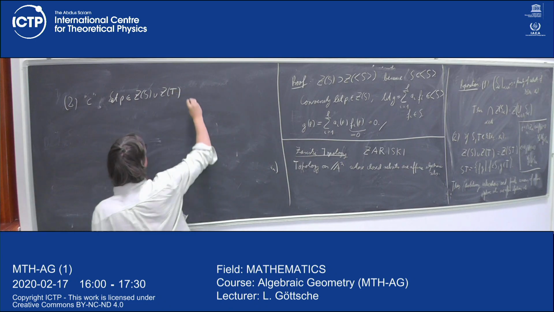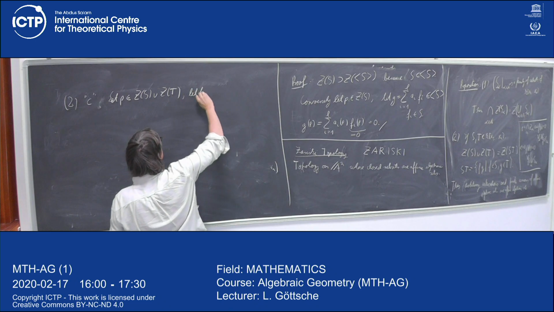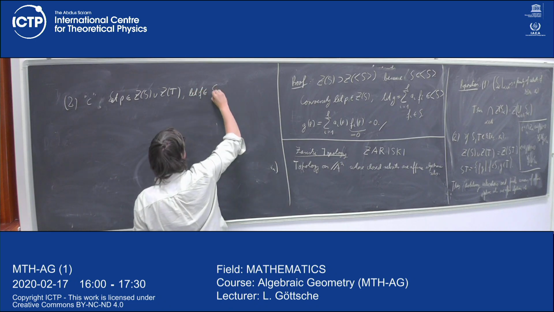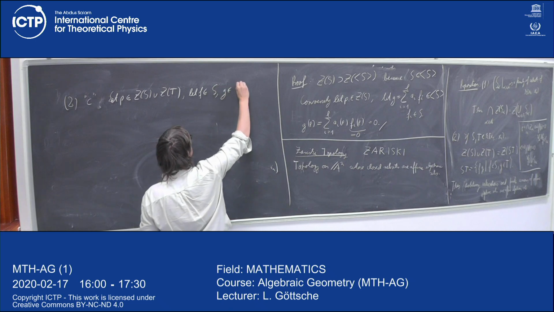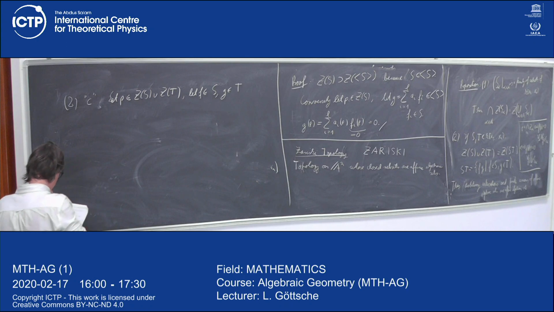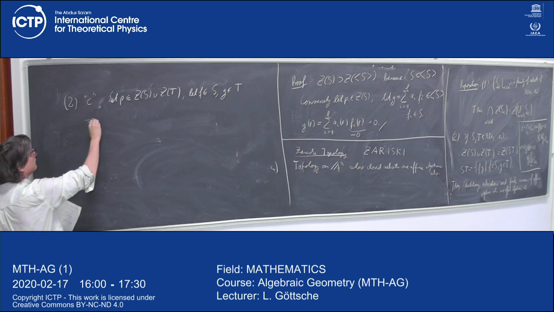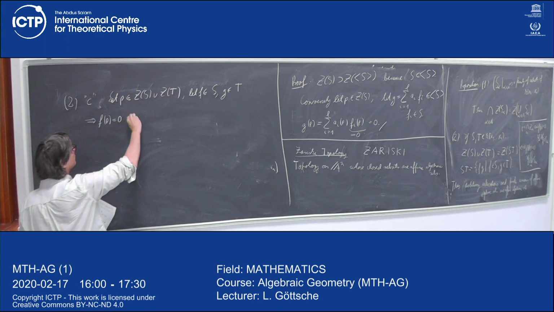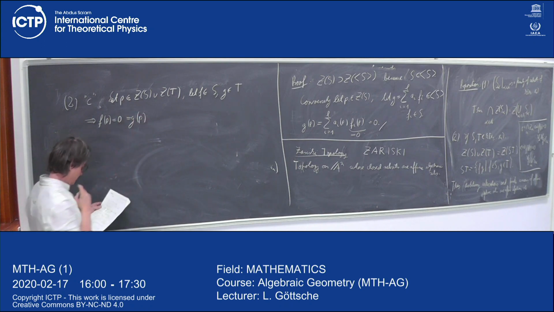And we take F an element in S and G an element in T. And then it follows that F of P is equal to 0 and also G of P is equal to 0.